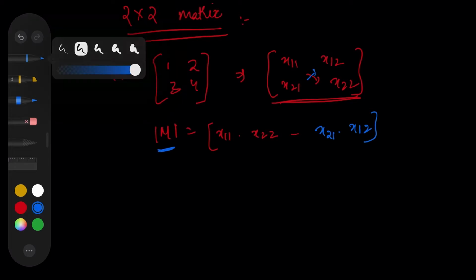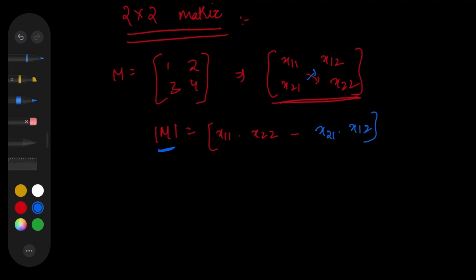So for finding the determinant for the matrix M, first you have to multiply 1 into 4, that is the x11 element into the x22 element, that is 1 times 4.